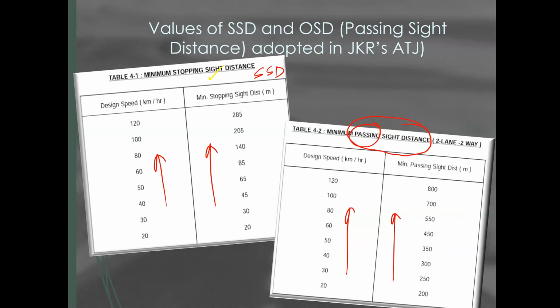If you look at 120 here, you need 285 to stop. But if you take into account overtaking, for 120 you need at least 800, which is 200 meters short of a kilometer, which is very long. So that's why in most cases SSD will be used as a controlling factor.